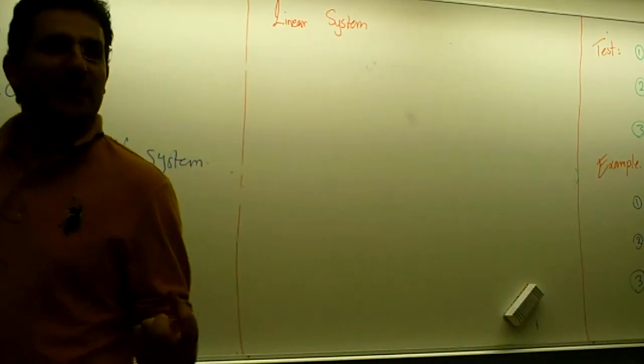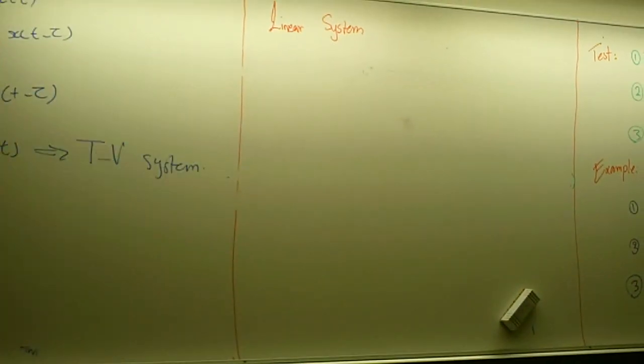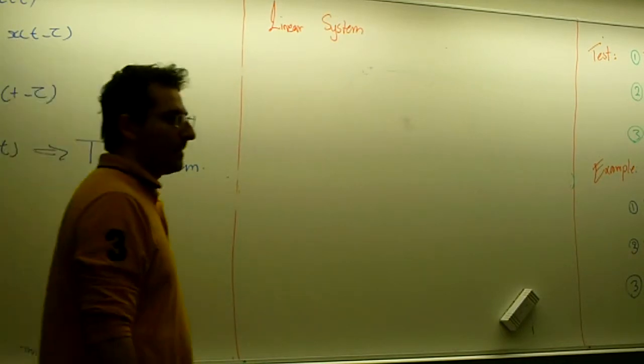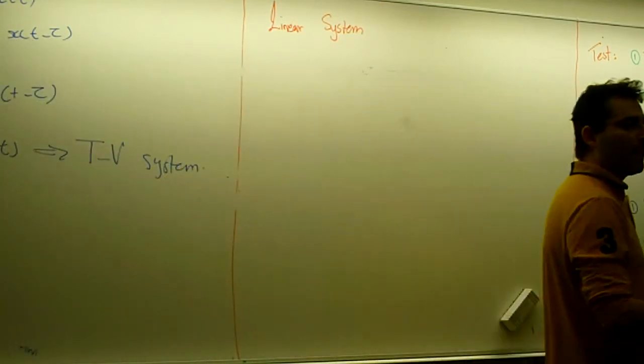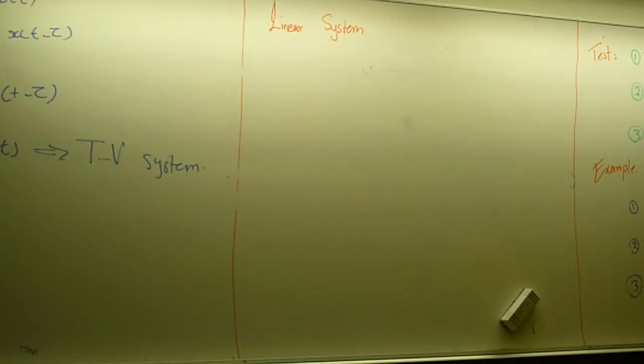A system is linear if it has two properties. What are those two properties? If you increase the input and the output increases proportionally, linearly.